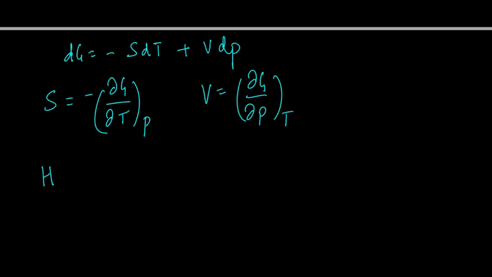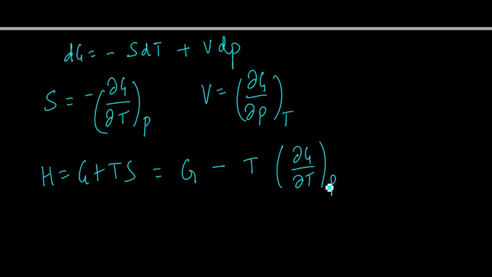H, which is the enthalpy, G is equal to H minus TS. That's the definition. So H is equal to G plus TS, right? So if I know G, I know the temperature, pressure, volumes, at least something I must have, some information. The entropy is minus del G by del T at constant pressure.